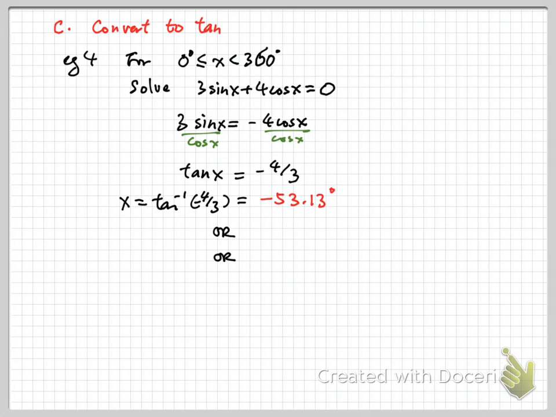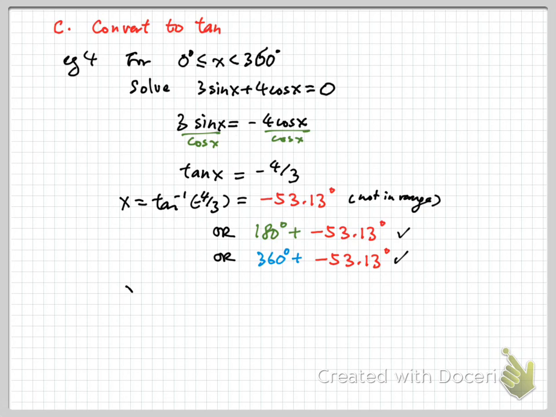For tangent theta, the alternate values are 180 plus or 360 plus the value from the calculator. Alright. So after all, we have these 2 answers. This one is not in range, so we do not accept this one. Alright, so there are 2 answers.